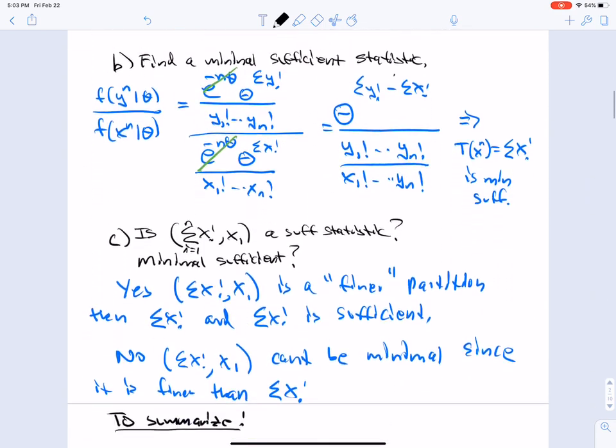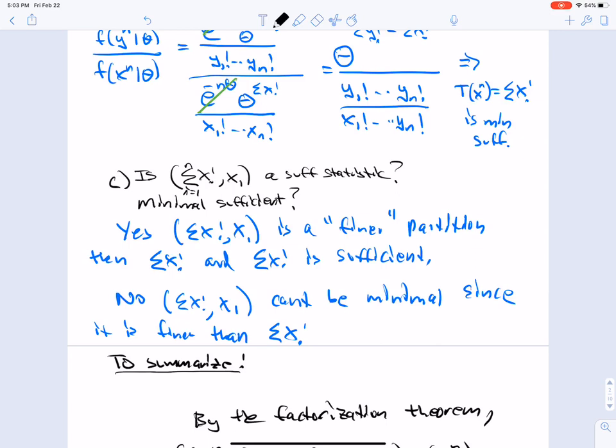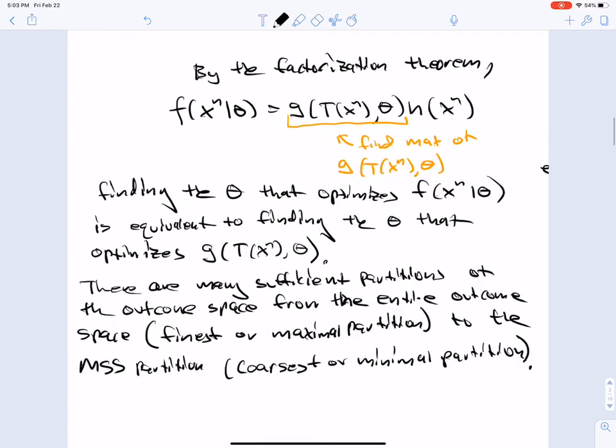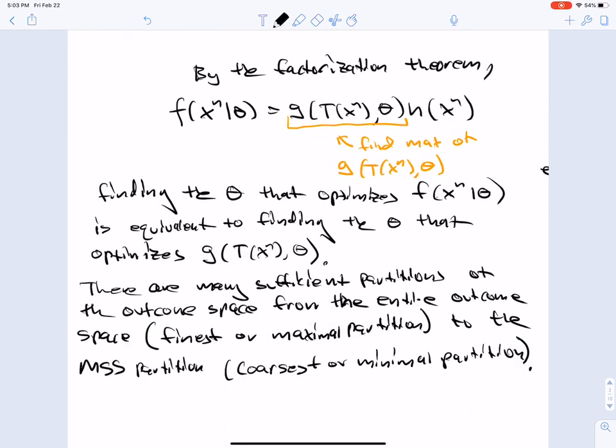Furthermore, the sum of xi plus x1 can't be minimal sufficient because, again, it's finer than the sum of xi, which is minimal. So to summarize, by the factorization theorem, finding theta that optimizes the likelihood is equivalent to finding theta that optimizes this function g that depends just on your sufficient statistic and theta.